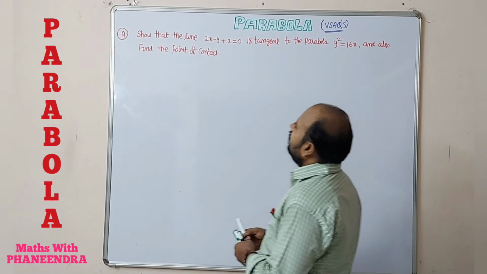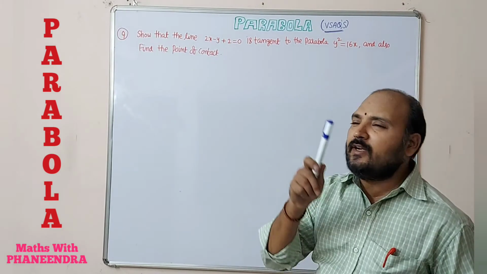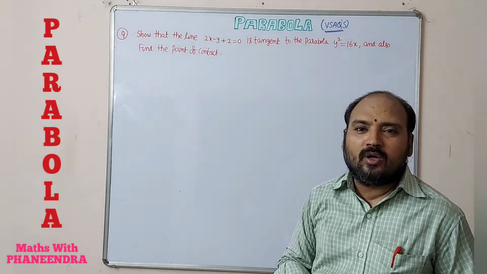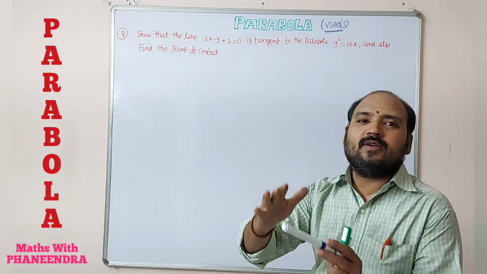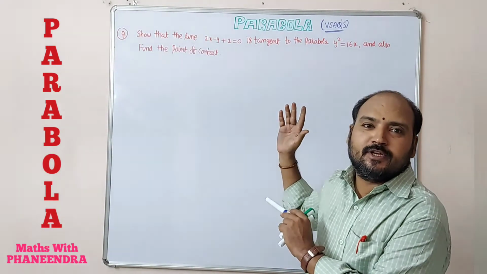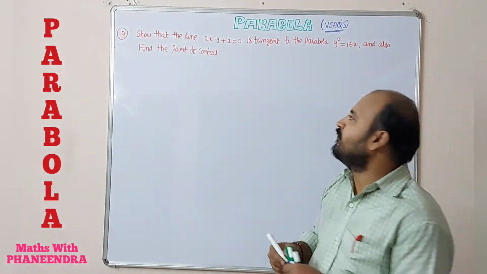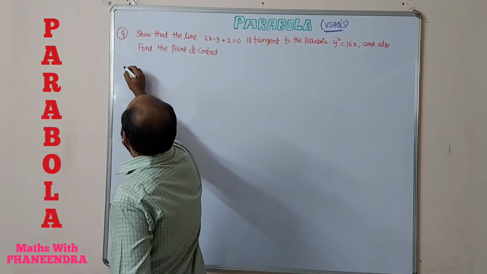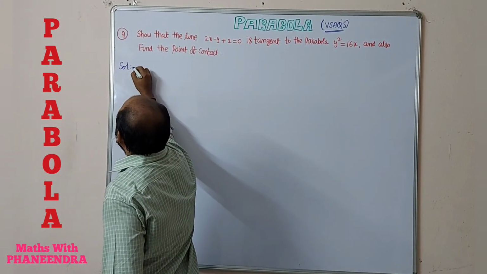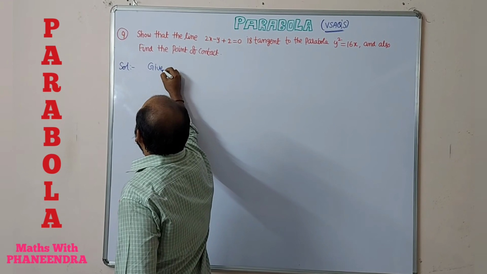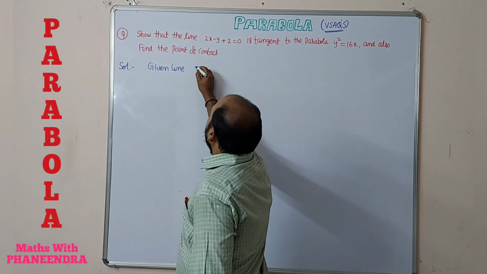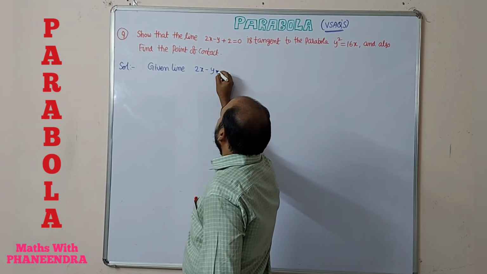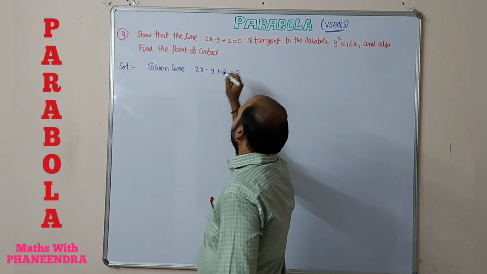See here, how to prove the line is tangent to the parabola? If you prove that c is equal to a by m, then the given line is a tangent to the parabola. So first step here, given line 2x minus y plus 2 equal to 0.